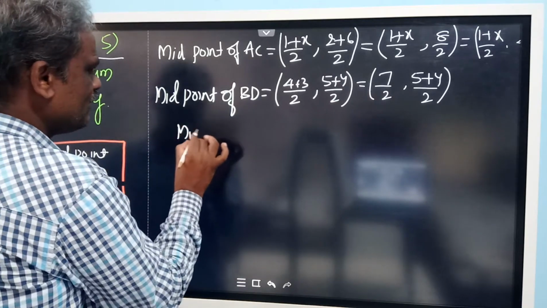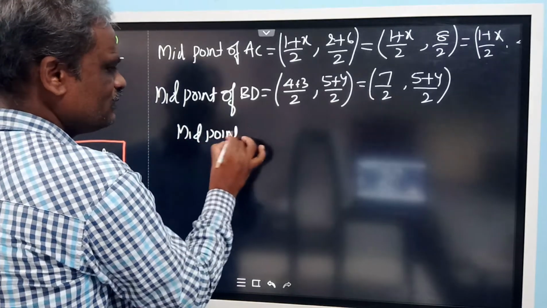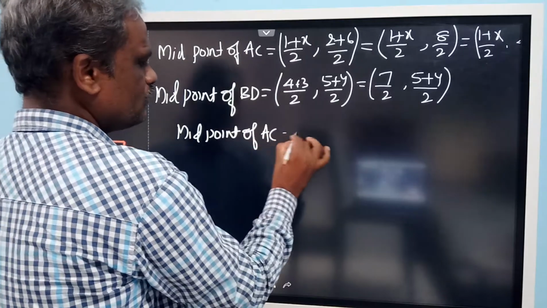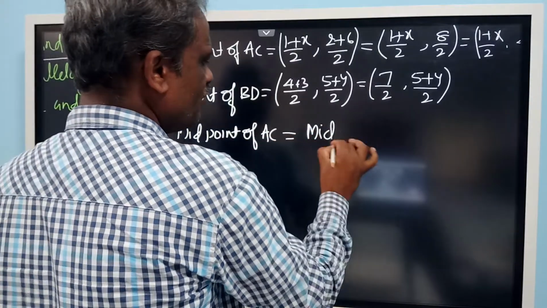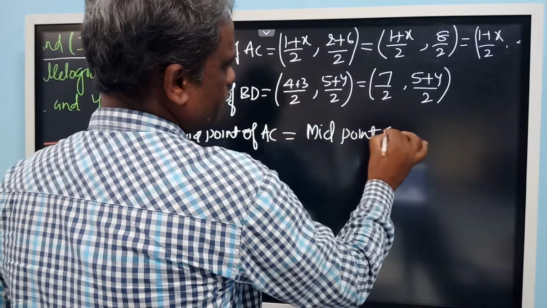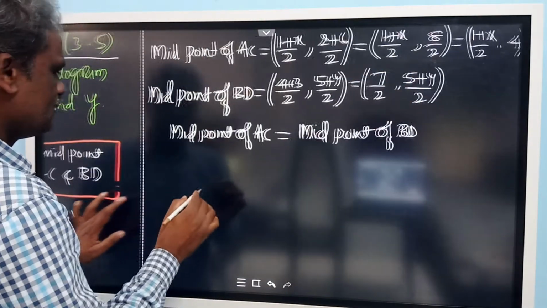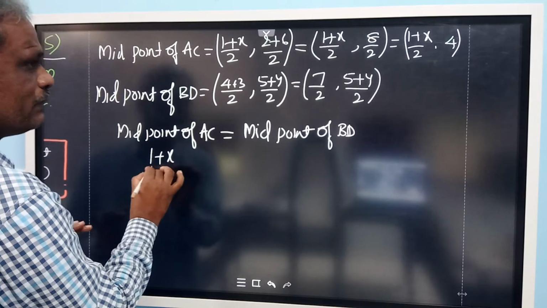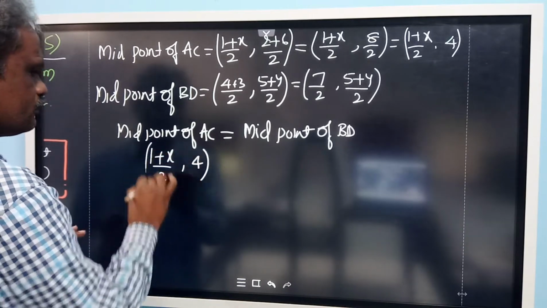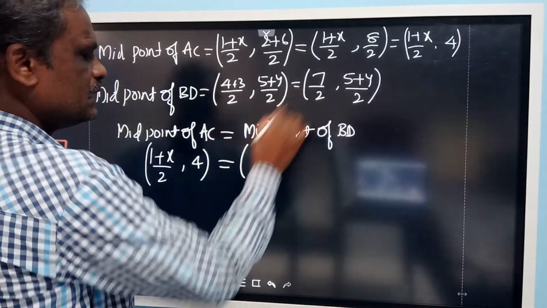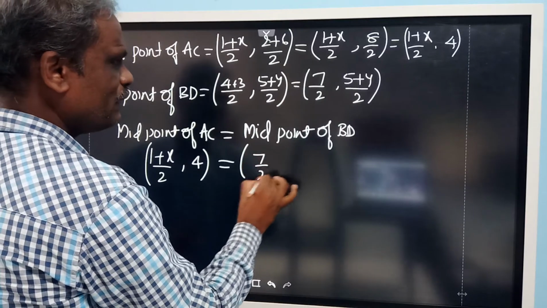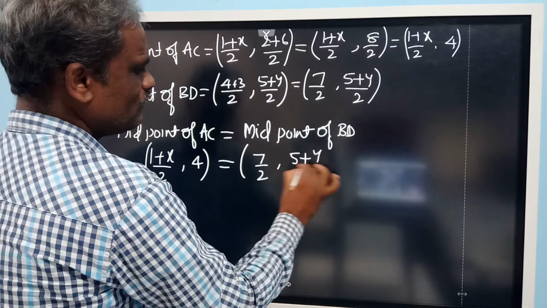So you can write: midpoint of AC must be equal to midpoint of BD. What is the midpoint of AC? It is (1 plus x) by 2, comma 4. This is equal to the midpoint of BD, 7 by 2, comma (5 plus y) by 2.